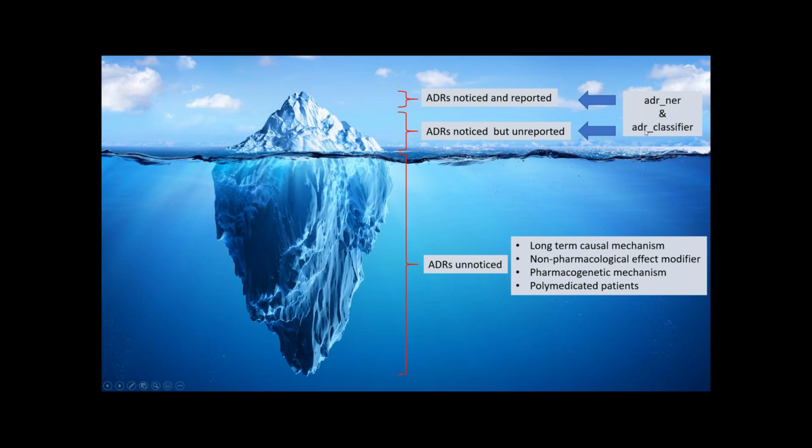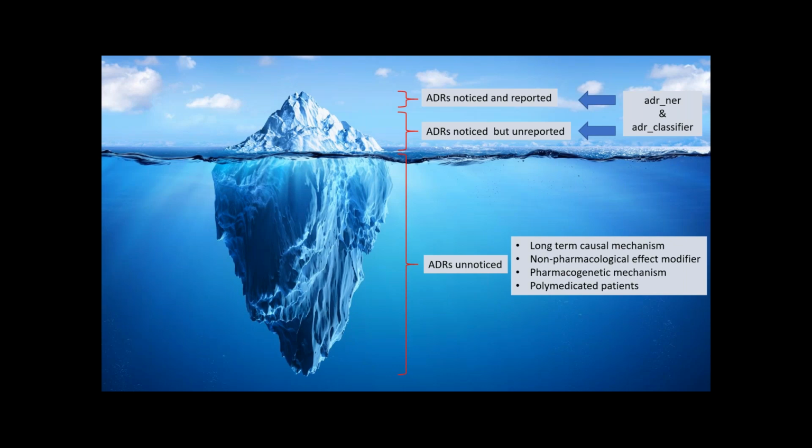So we have talked about these classifier and NER models that are good for the adverse events that are noticed and reported, and those that are noticed and maybe registered in the clinical record, or a patient is talking about it in a tweet, but it's not officially reported to the regulator.